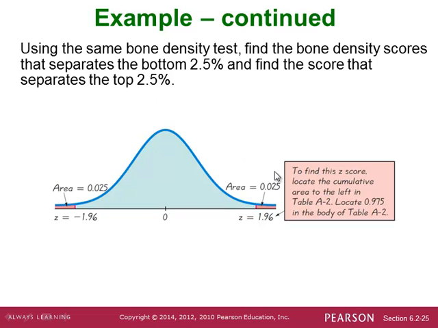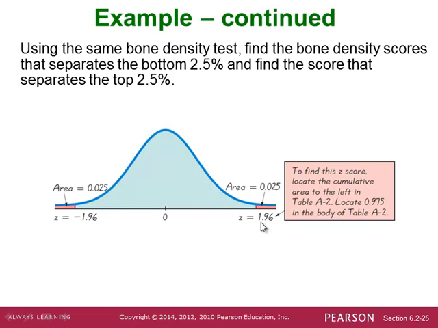Meaning 2.5% of the population have a bone density score greater than 1.96, and 2.5% have a bone density score less than negative 1.96. And the middle 95% of the population has a bone density score between negative 1.96 and positive 1.96.